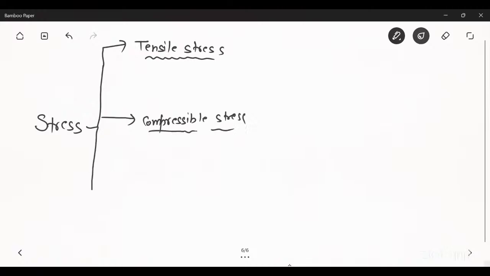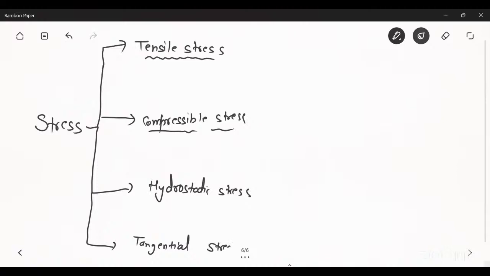Third is hydrostatic stress. And fourth is tangential stress.